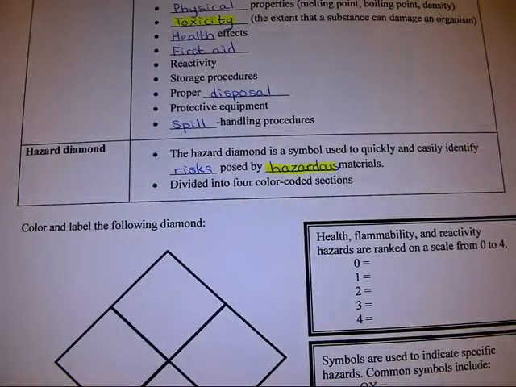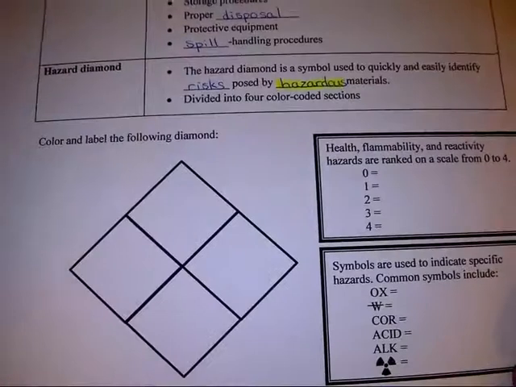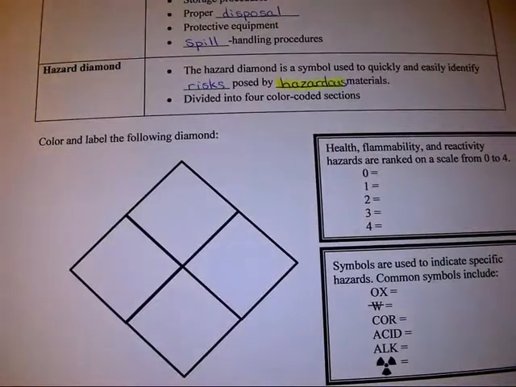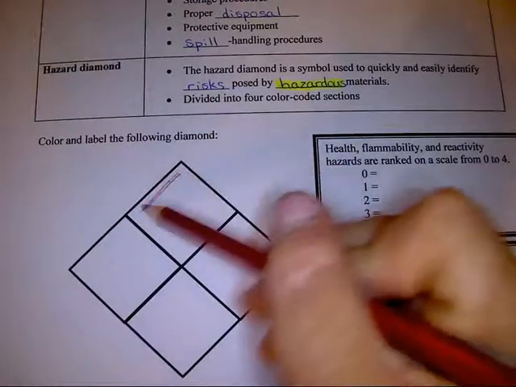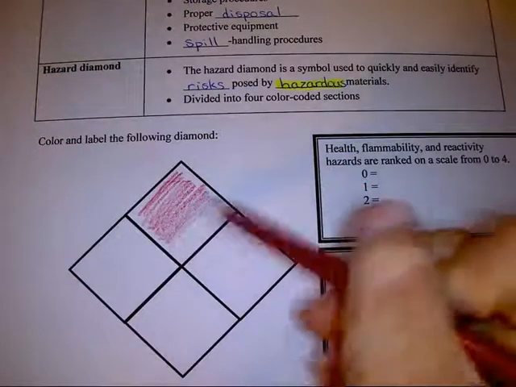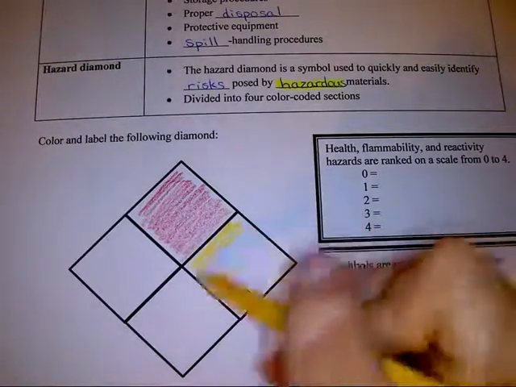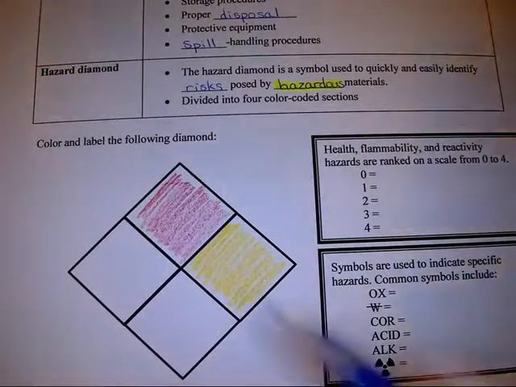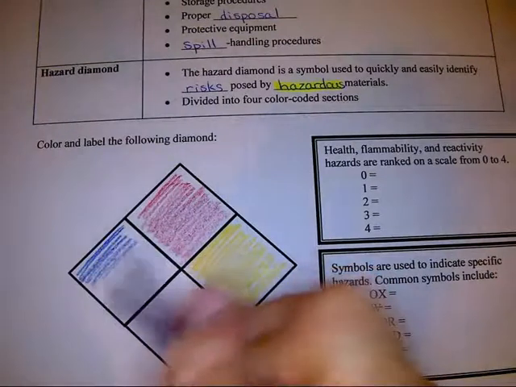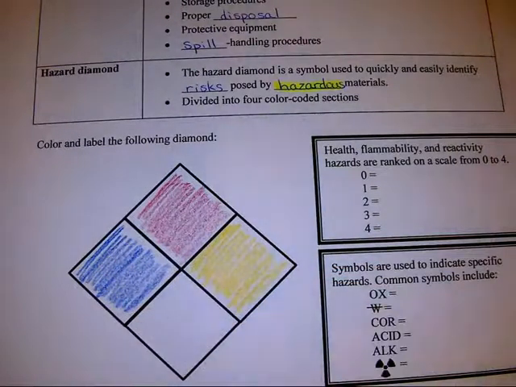Now, the hazard diamond is divided into 4 sections, and here's a hazard diamond. We're going to color it in. The top section is red, the right section is yellow, and the left section is blue, and the bottom section is white.